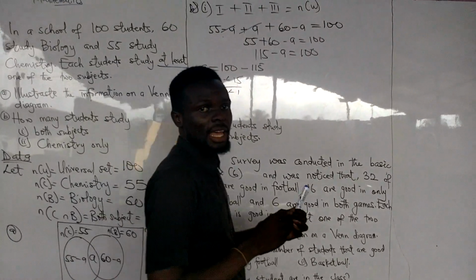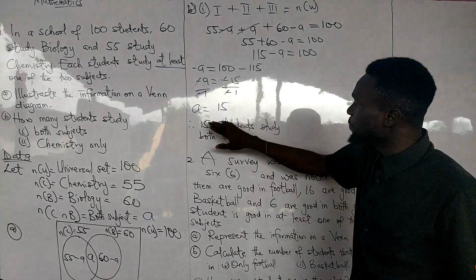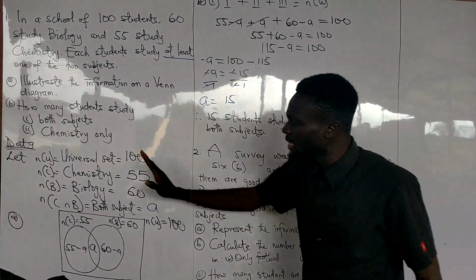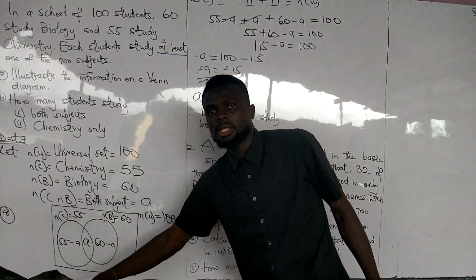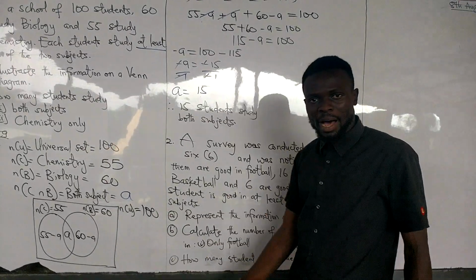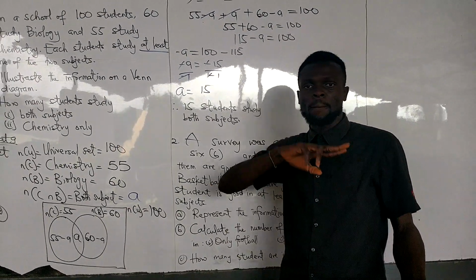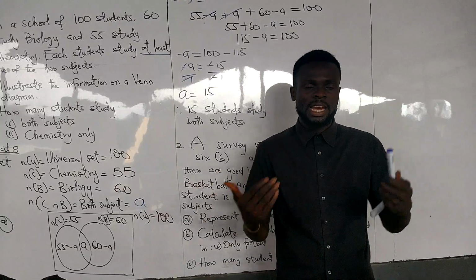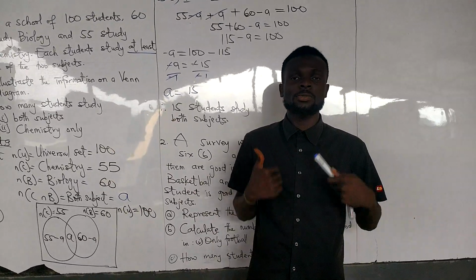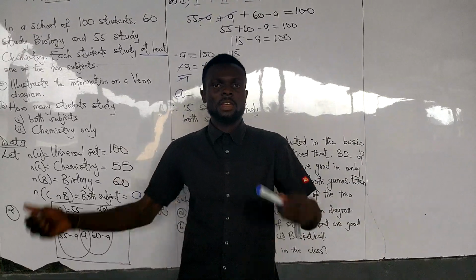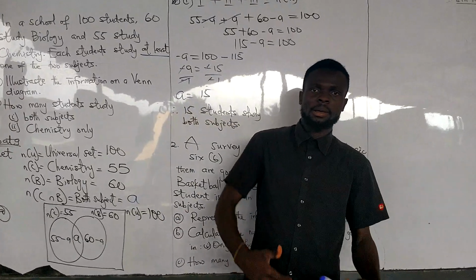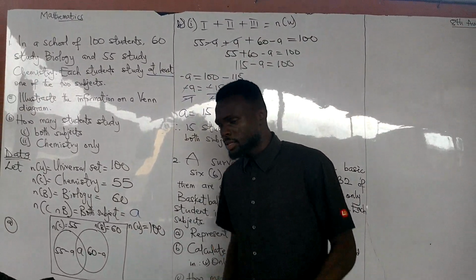Then you have it there as your answer. So these 15 students, they studied chemistry. At the same time, they also studied biology. So we call them both. They studied both and they are the intersection. So if you ask for biology, they are there. If you ask for chemistry, they are there because they studied both subjects.